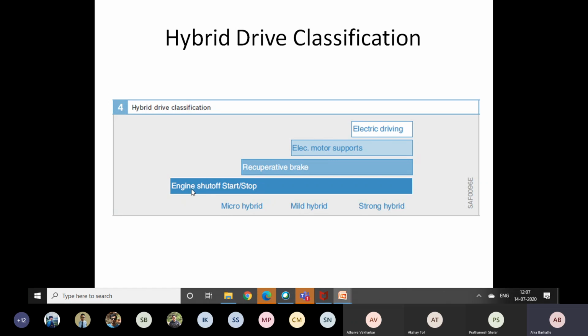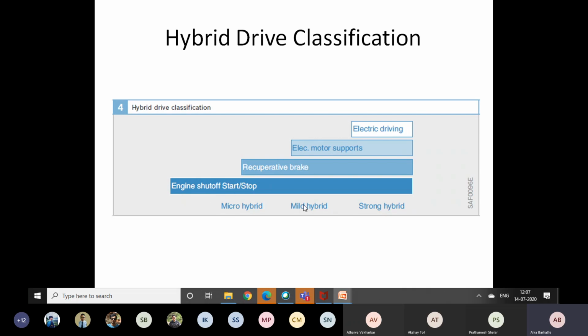It automatically shuts off and restarts the engine, so that comes under micro hybrid. It is also part of hybrid because it saves engine power by automatically controlling the engine on and off.